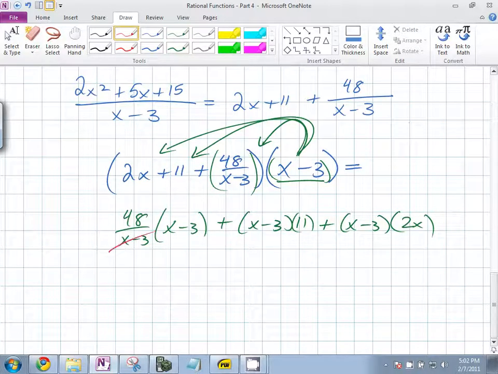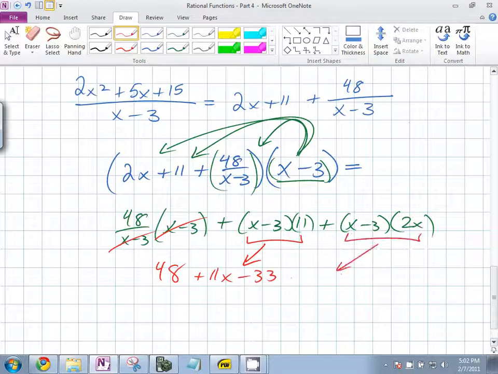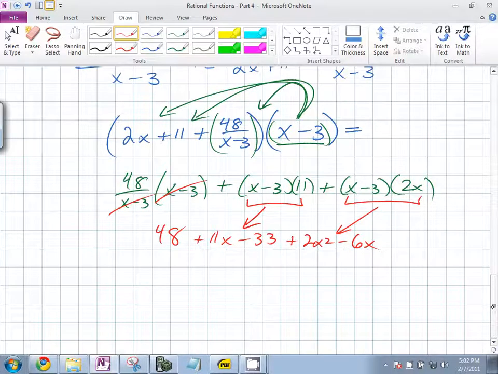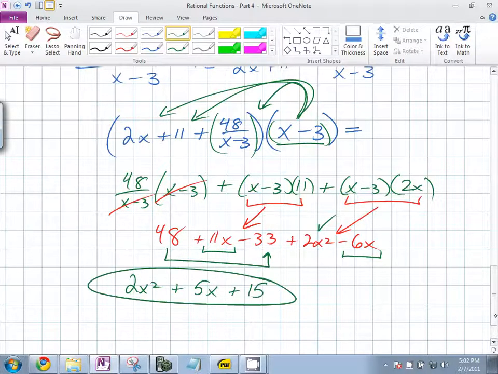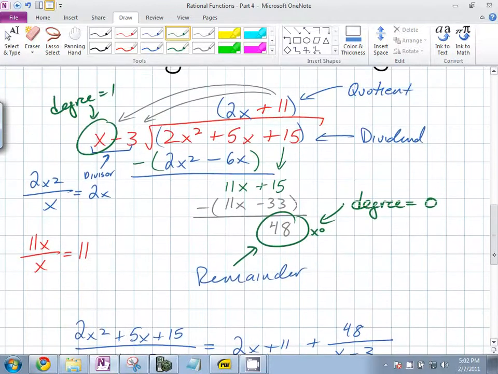This cancels out and you're left with 48. This turns into 11x minus 33, and this turns into 2x squared minus 6x. We now combine like terms. We have 2x squared, we took care of that. How many x's do we have? We have 11x minus 6x is 5x, and we have 48 minus 33 is 15. We just ended up with our original dividend.